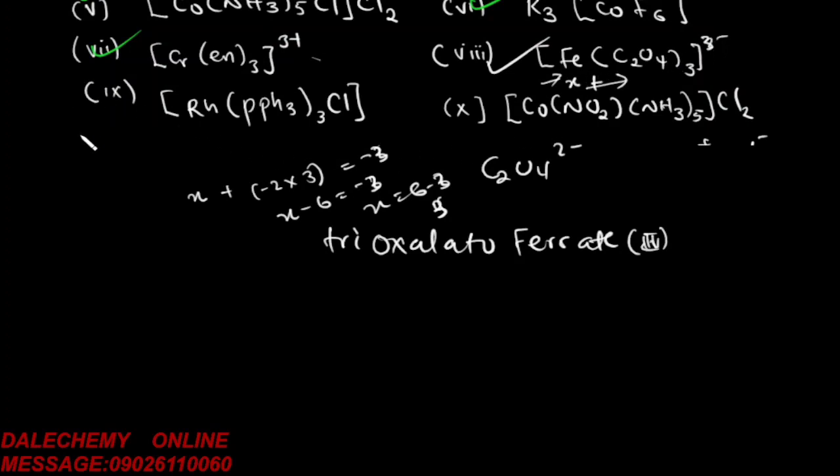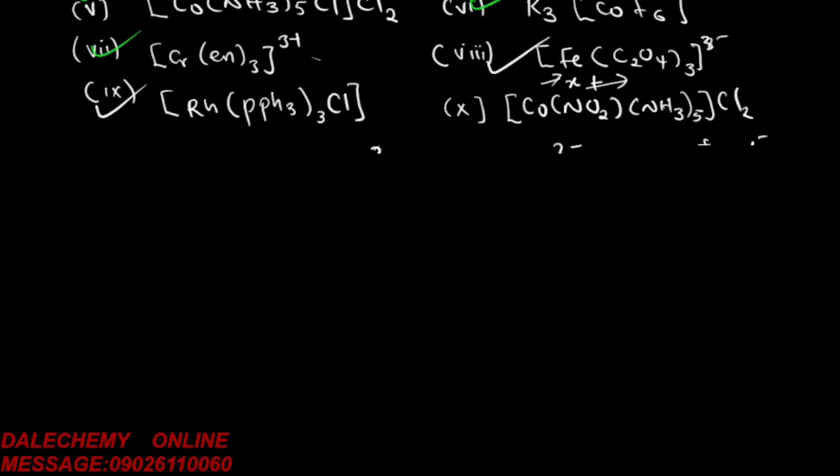That's all. Now for the penultimate one, let's look at that. Because it's just a neutral ligand, all you have to do is to name it. It's a neutral complex, name the ligand first and the metal, that's all.